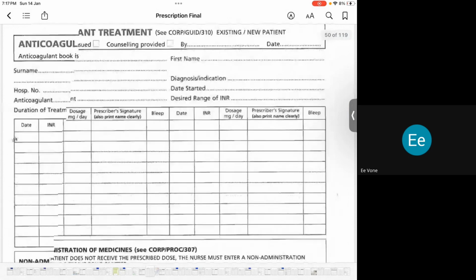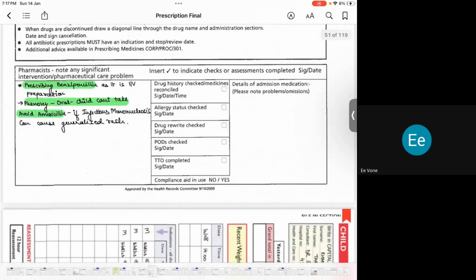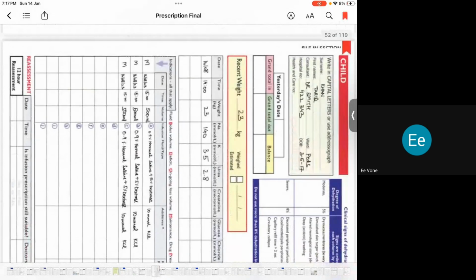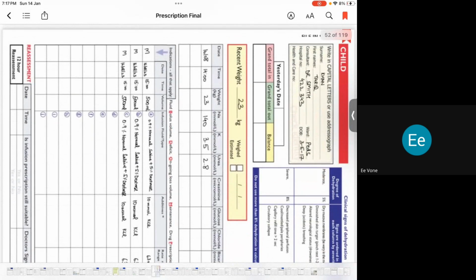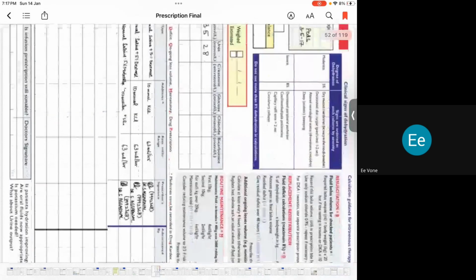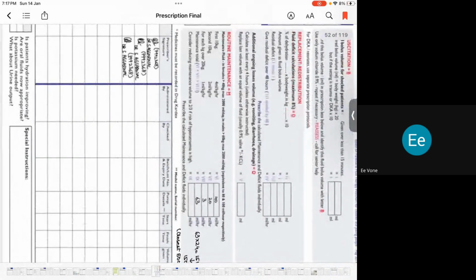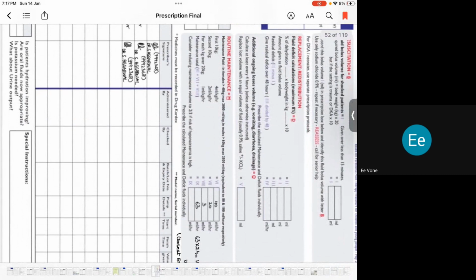Then comes the important part, IV fluids. How are we going to give the IV fluids here? The weight of the child is 23 kgs. On the side there will be a table given to you with routine maintenance.